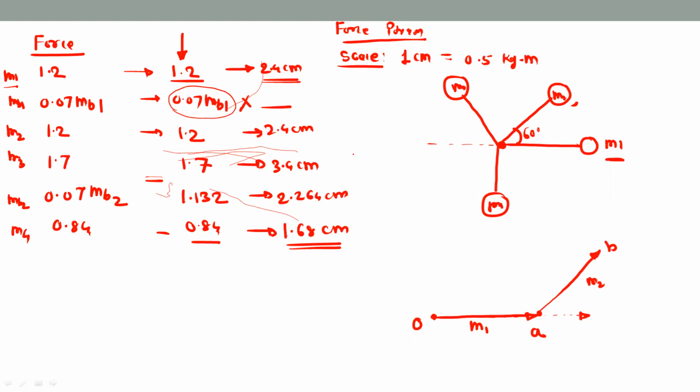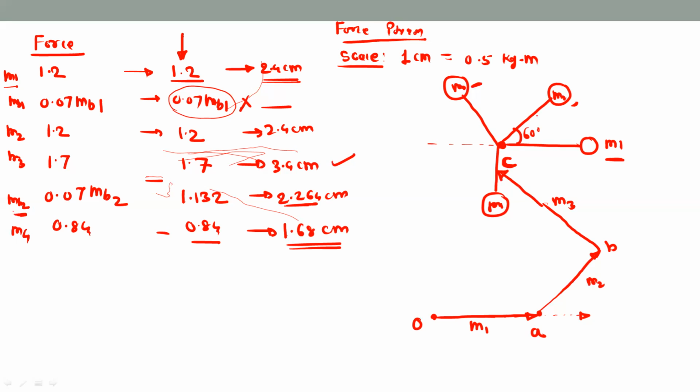Next vector is 3.4 centimeter, which is for M3. So draw parallel to M3. This is 3.4 centimeter, for M3, and the vector is B to C. Next vector is for the balancing mass, which is MB2, and its value is 2.264.